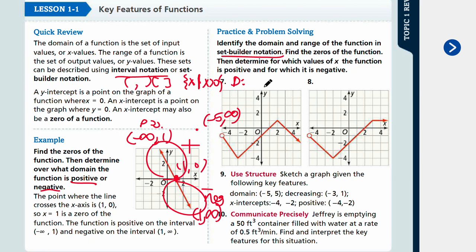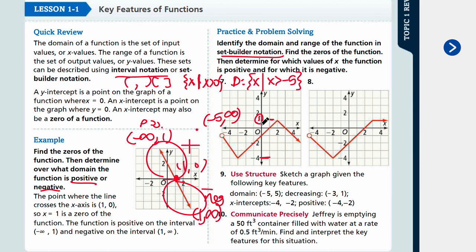But how do you write this in set builder notation? You can use this big bracket and then write the inequality where x is greater than -5, and it's not equal to -5. So that's your domain. And then your range, look at all your y values. It starts from -4 and then it ends at 1, right?